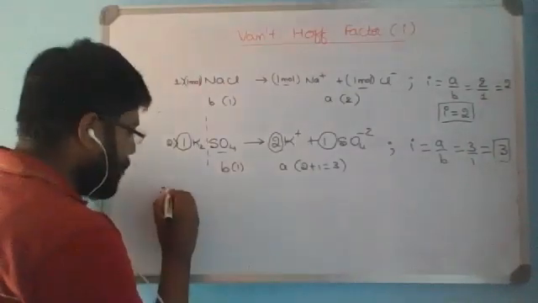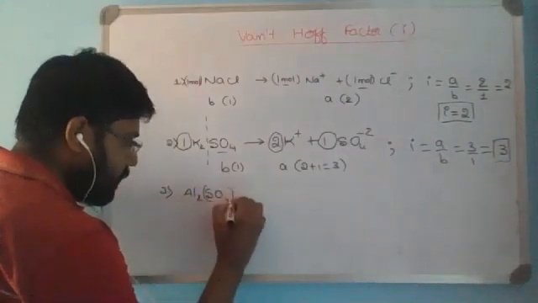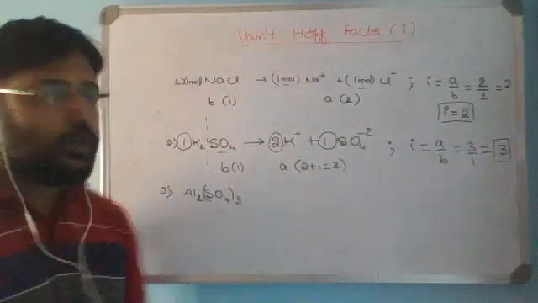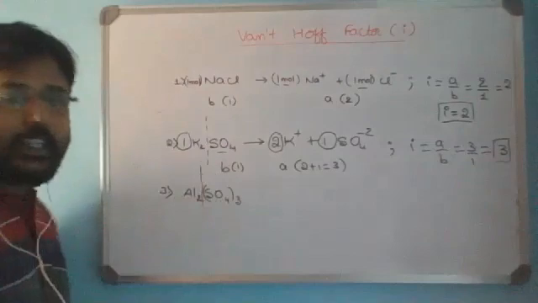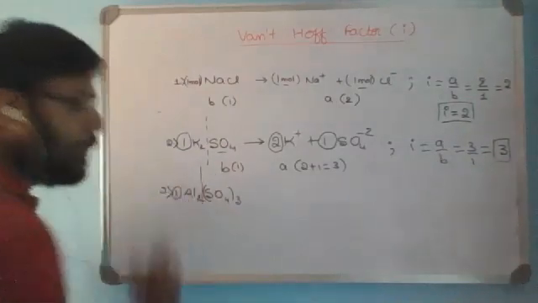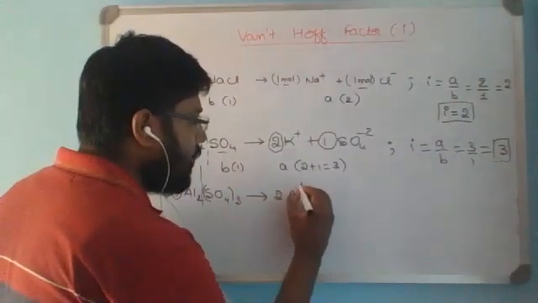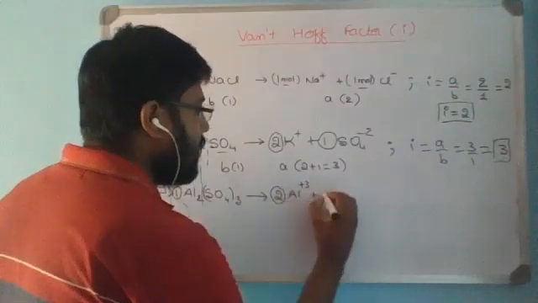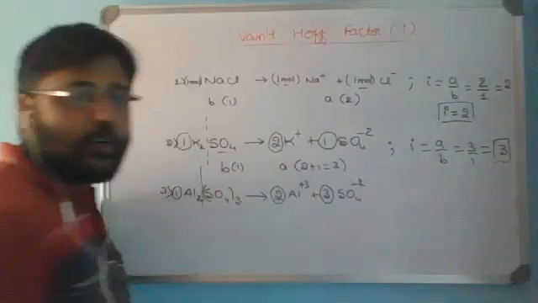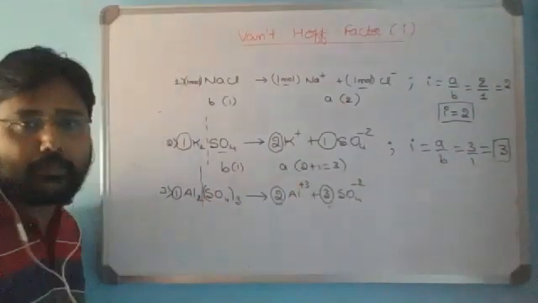If we take one more example, aluminium sulfate, Al2(SO4)3. Again, it will dissociate as aluminium ions and sulfate ions. So 1 mole of aluminium sulfate in the solution will give 2 moles of aluminium ion Al3+ and 3 moles of sulfate ion. Concentrate on the number of moles dissociated, not on their charge.